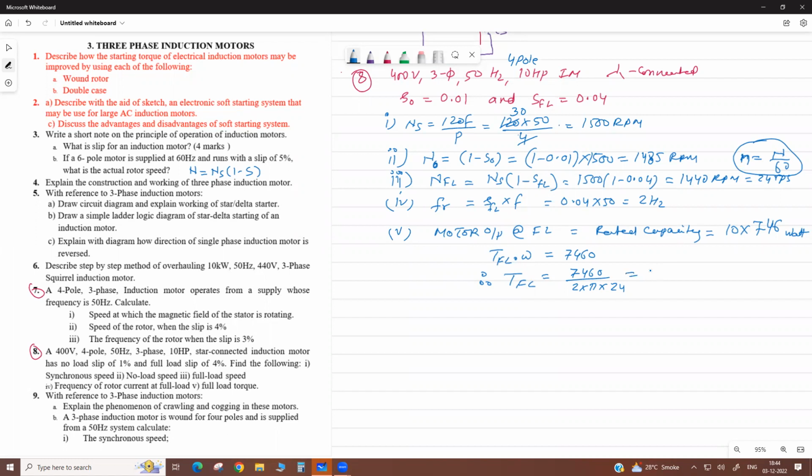So now we can calculate torque. It is 49.49 Newton meter, or we can write 49.5 Newton meter.